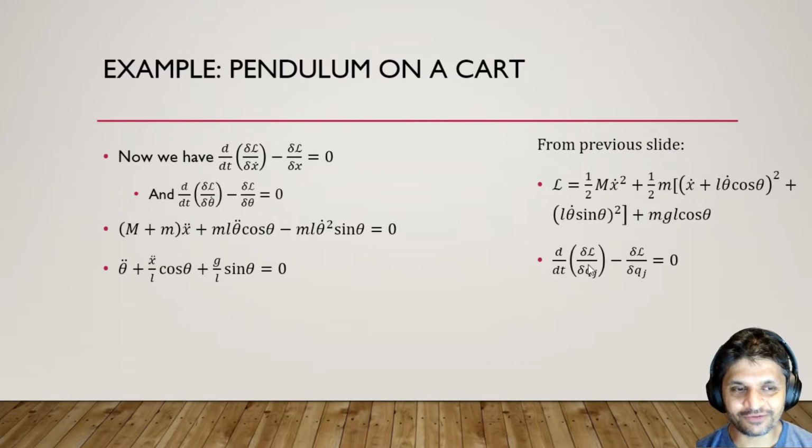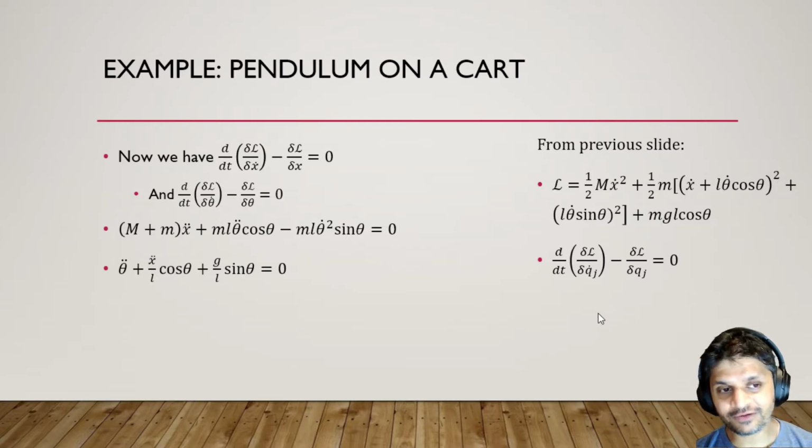But here's the interesting thing. This thing says it's the derivative with respect to the velocity, and this one is the partial derivative with respect to the state. But there's the subscript j, and what that's trying to indicate is that this is true for all state variables. Okay, so when we take this equation, we can apply it to every state variable in turn, and it'll always be equal to 0.